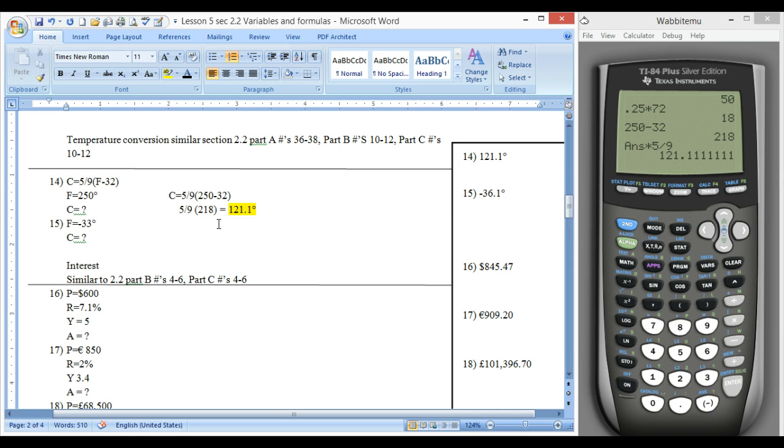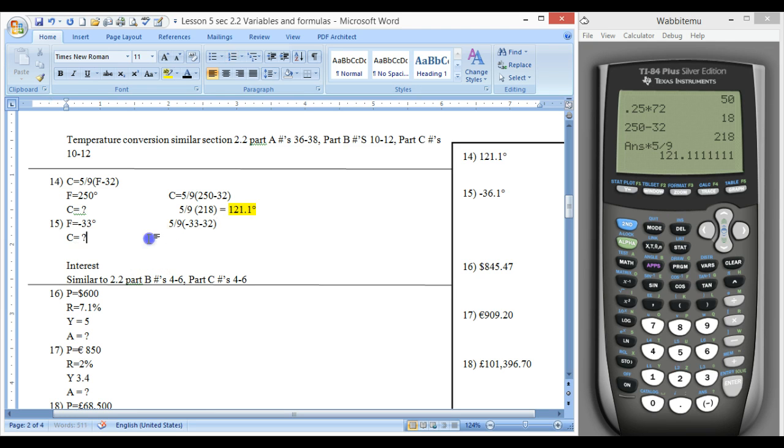Negative 33 degrees Fahrenheit. I already have my formula that we found on the formula sheet. So I know it's 5/9 times, and I'm going to put the parenthesis in there. The Fahrenheit temperature, which was given to me, is negative 33. And then I need to subtract 32 from the formula and close the parenthesis.